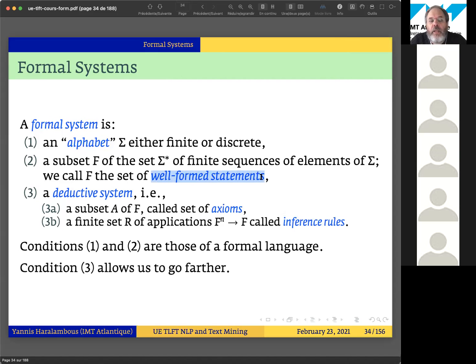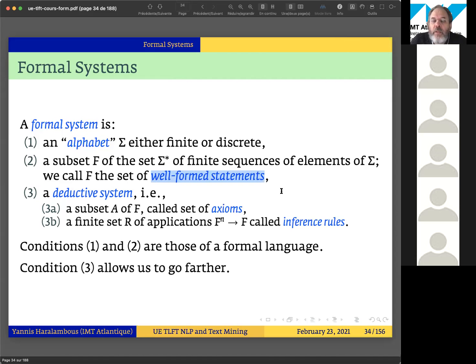So a typical example is in mathematics, you have formulas. Your alphabet is the set of all symbols you use in your formulas. Well-formed statements are mathematical formulas that are syntactically correct. So for example, A equals to B is syntactically correct. A, B equal is not a syntactically correct formula.